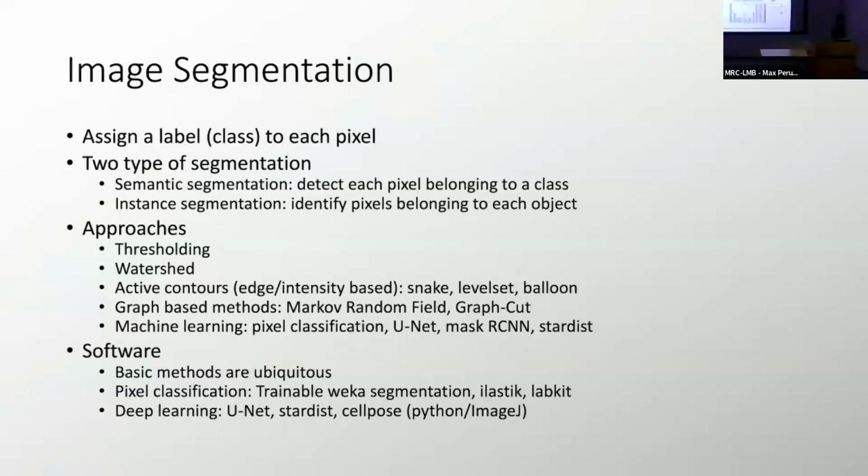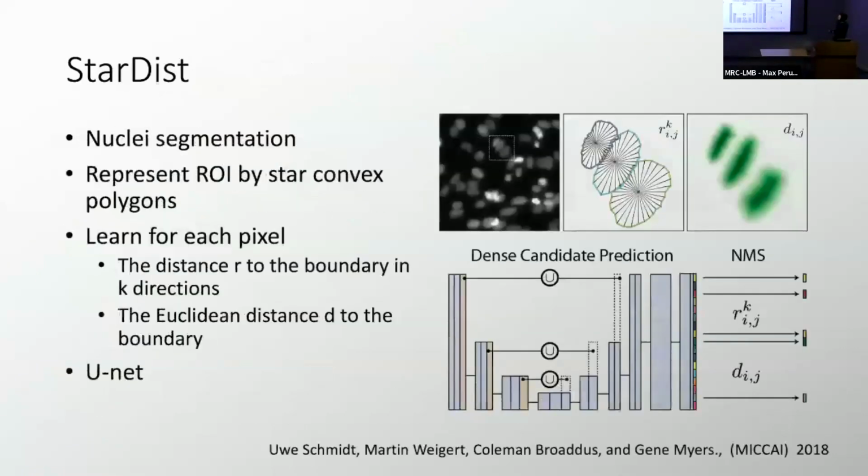I'll talk about StarDist. StarDist is a deep learning method which has been pre-trained, which makes it very useful for us because we don't have to go through the pain of annotation and training, especially for segmenting nuclei. It has been trained for segmenting nuclei images.